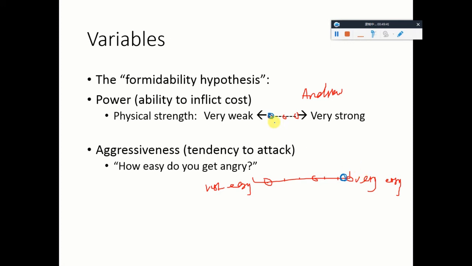That would indicate this hypothesis is not true, at least in the case of Zach, right? Because Zach's score indicates the opposite. Zach's responses indicate that a person that's very weak will be very aggressive, whereas Andrew's responses indicate that a person who is very strong will get angry very easily.